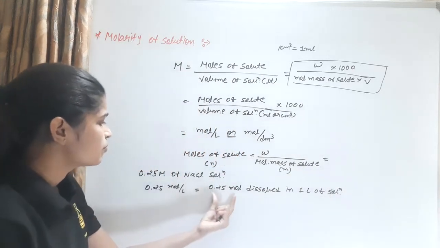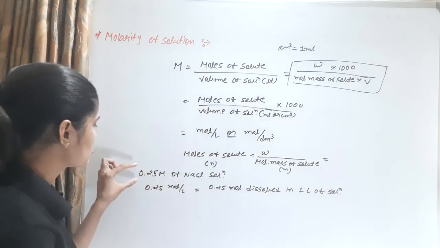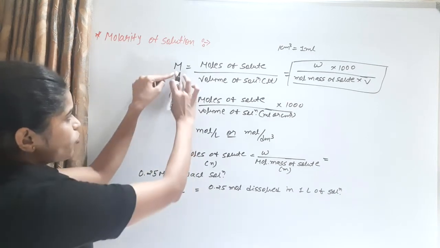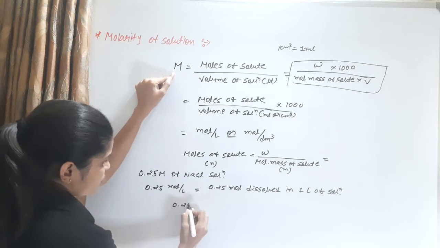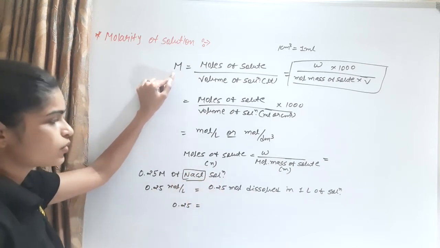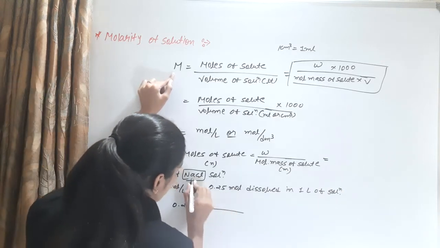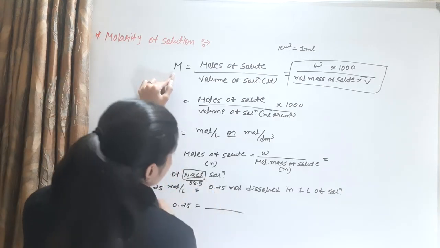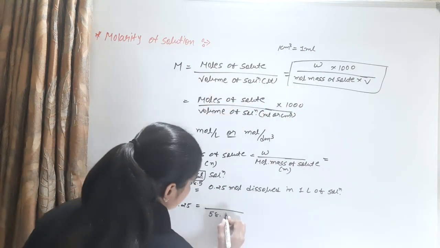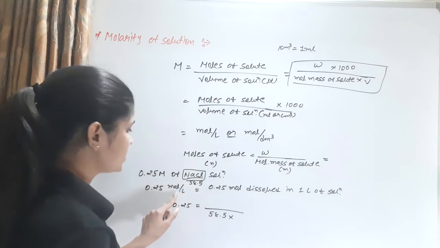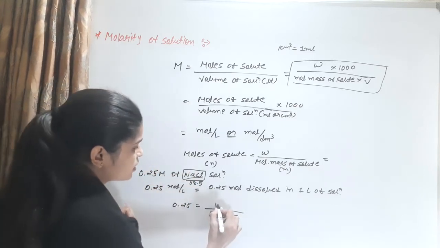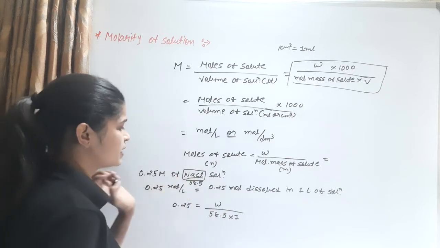That is the definition, or meaning, of a 0.25 molar NaCl solution. In detail, the molarity value put in is 0.25. For NaCl, we know the molecular mass is 58.5. So put this value, the molecular mass 58.5, into per liter solution. That way we find out the weight of the NaCl.